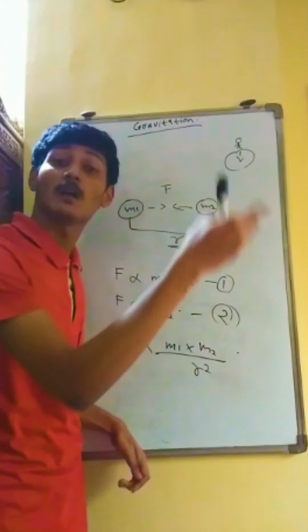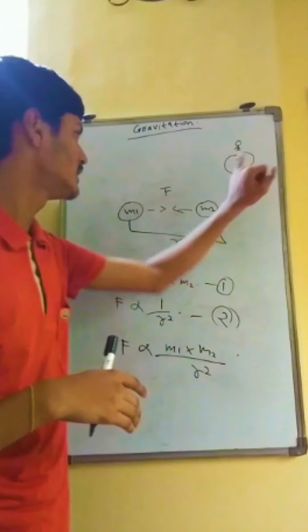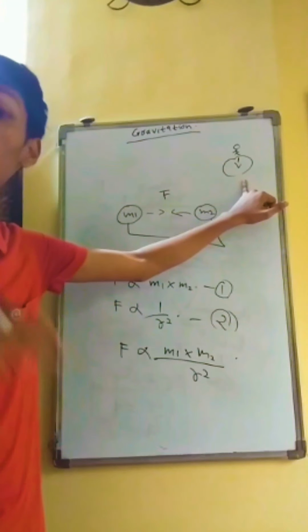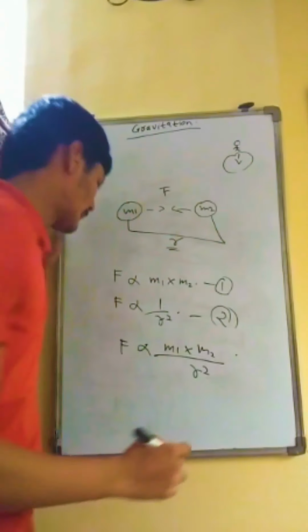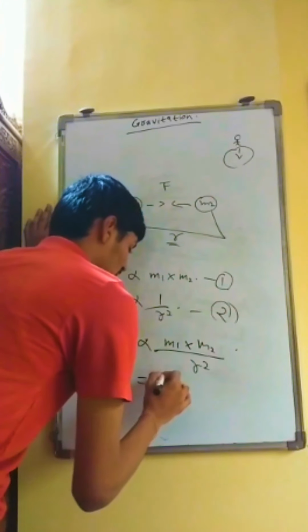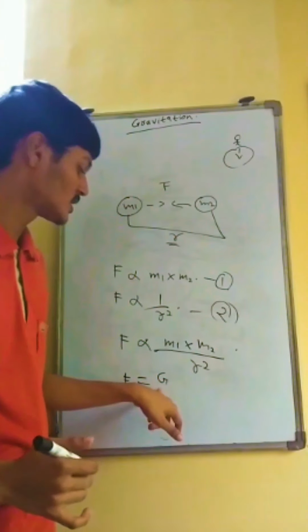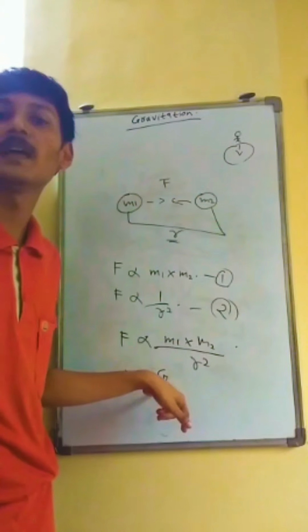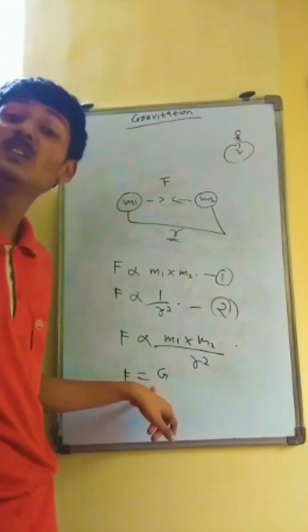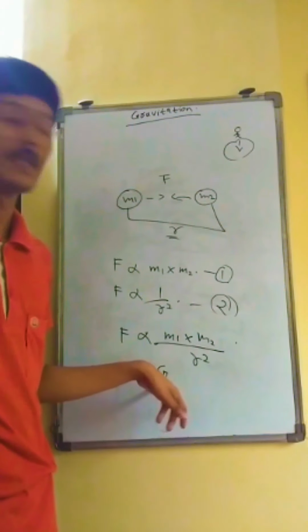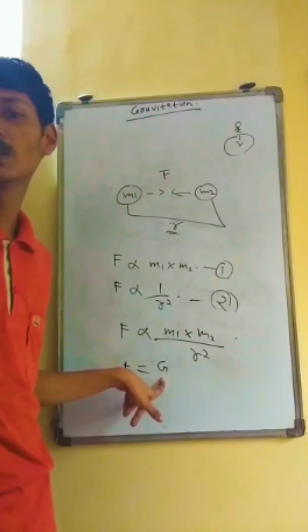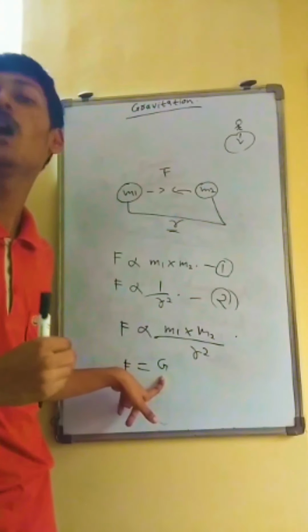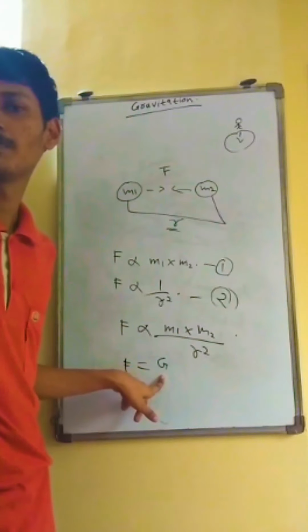Now, whatever object we may use, we will mostly use it on the surface of the Earth only. So the proportionality constant here is capital G. Capital G indicates the gravitational force applied by the Earth. This is called the universal gravitational constant. Whenever you see capital G, it is the universal gravitational constant on the surface of the Earth.